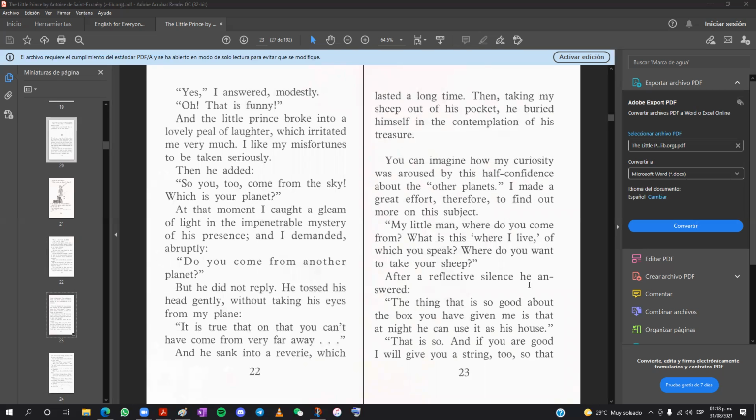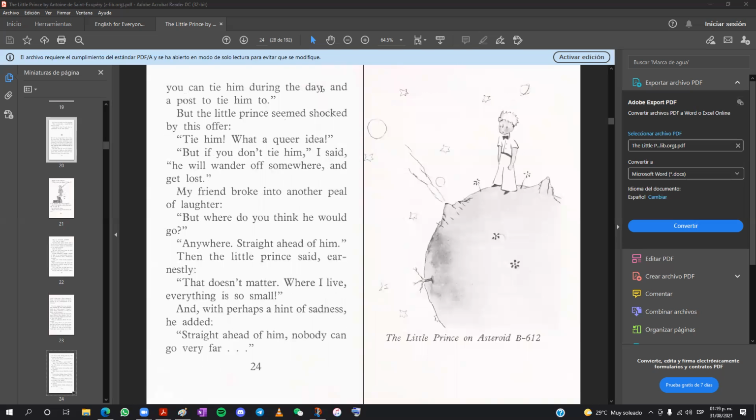Después de un reflexivo silencio, respondió: lo bueno de la caja que me has dado es que en la noche la puede usar como su casa. Así es, y si tú eres bueno, te daré una cuerda también, así podrás atarlo durante el día, y un poste para atarlo a él.